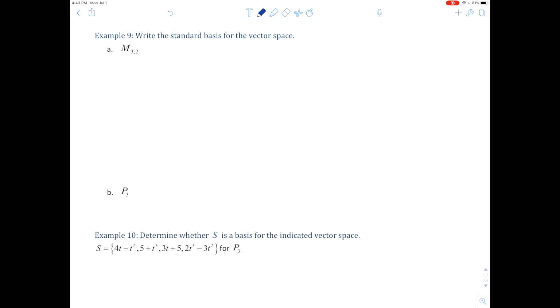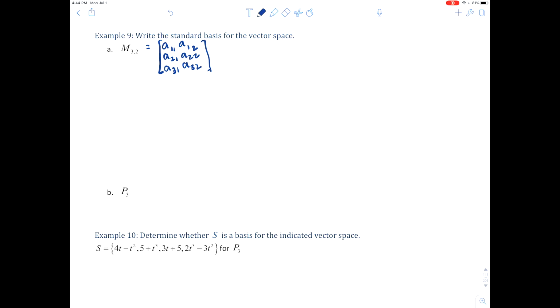So in general, what would M32 look like? Well, you'd have a matrix with 3 rows and 2 columns, right? So you'd have like A11, A12, A21, A22, A31, A32, right?